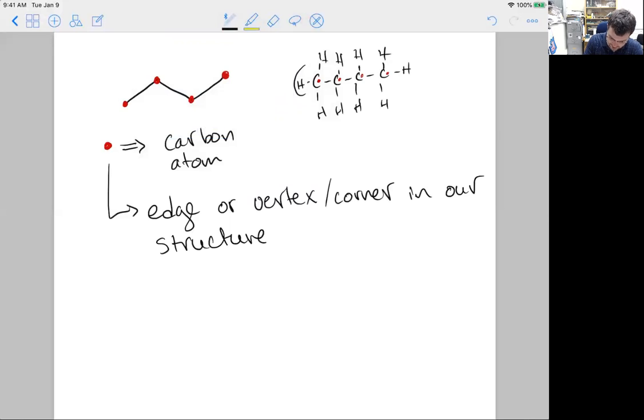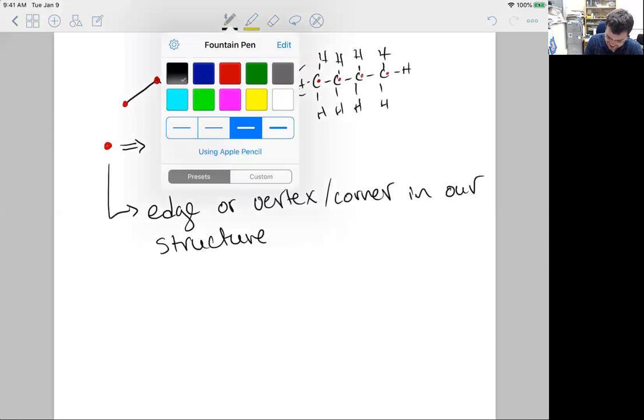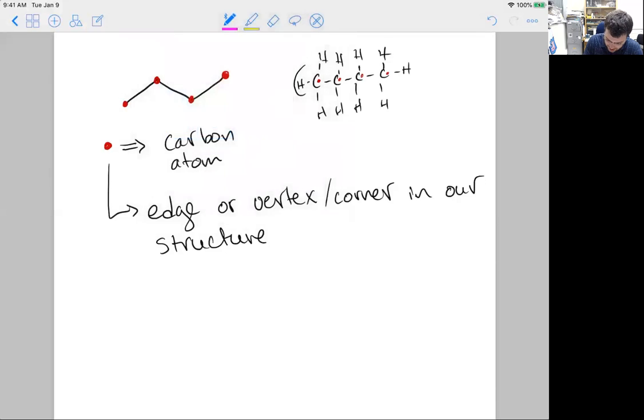Additionally, in addition to having little points that represent the atoms, we have lines that represent the C-C bonds.